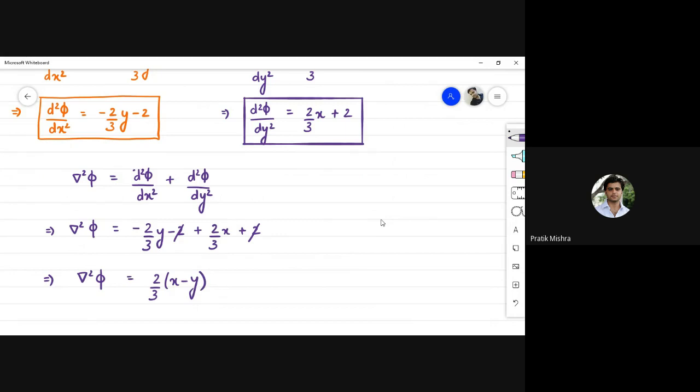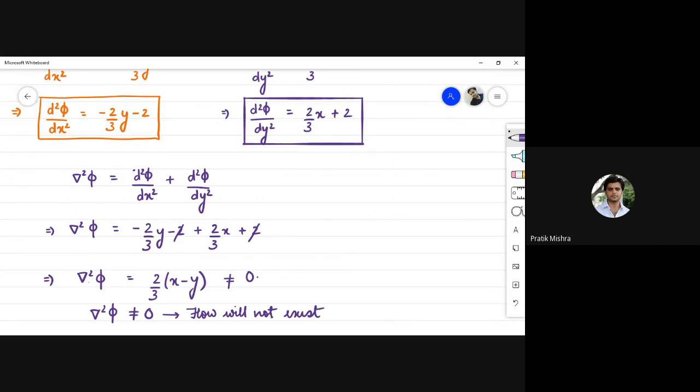So there is some value of delta square phi which is not equal to 0. And whenever delta square phi is not equal to 0, it means flow will not exist.